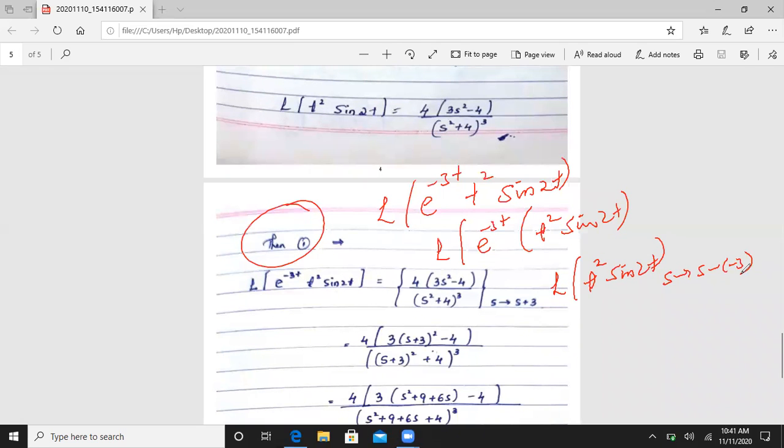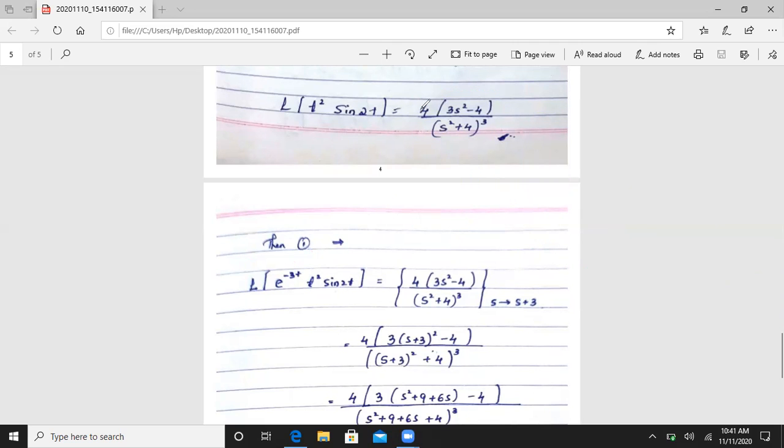We call this function the first equation. We will get this answer, and into this answer we substitute the s value, that is s tends to s plus 3. That means wherever you have s, we have to substitute s plus 3.